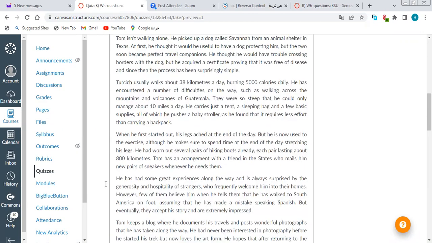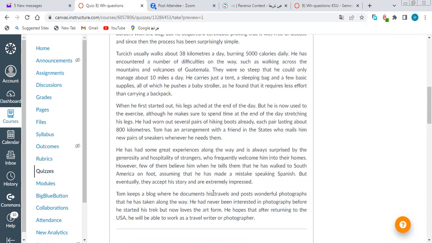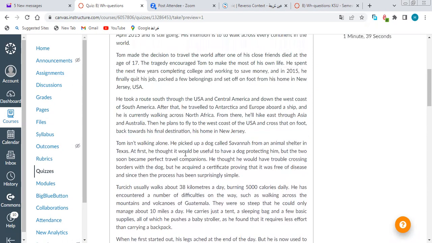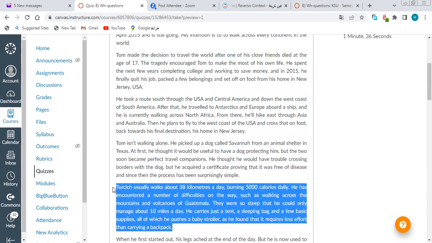So please go to the paragraph including Guatemala. This paragraph, guide. I want you to tell me why he slowed down his pace in Guatemala.